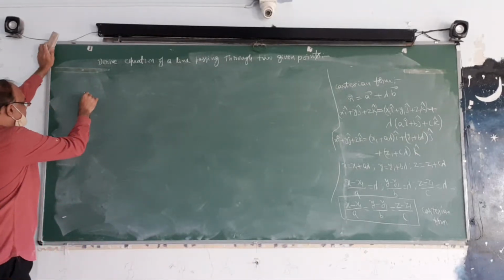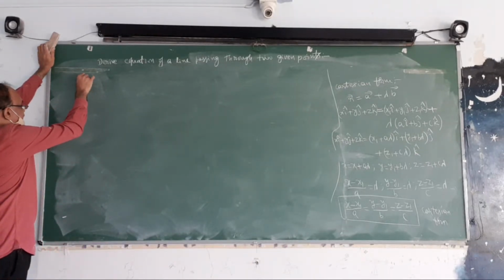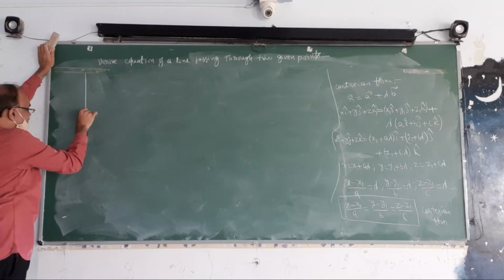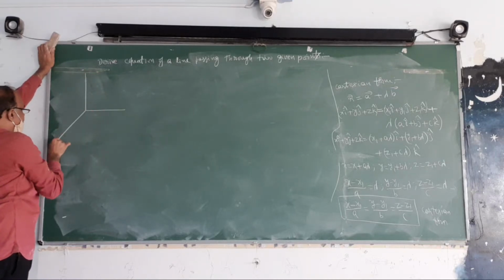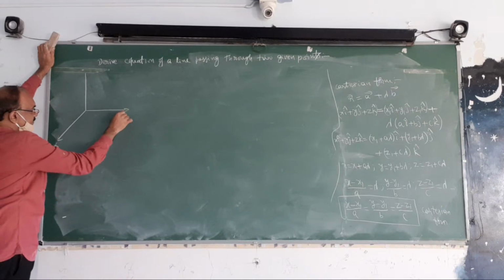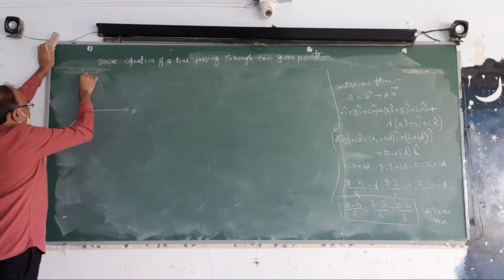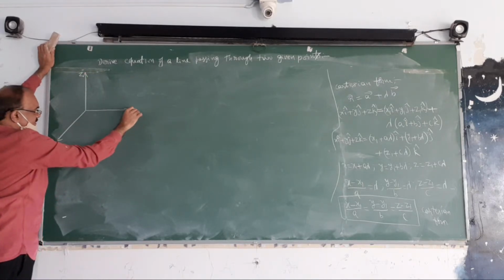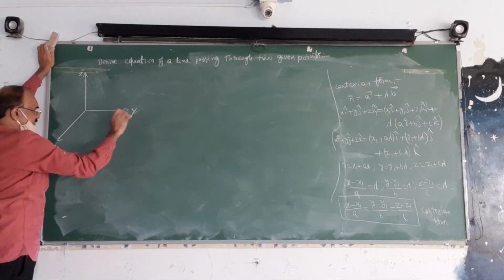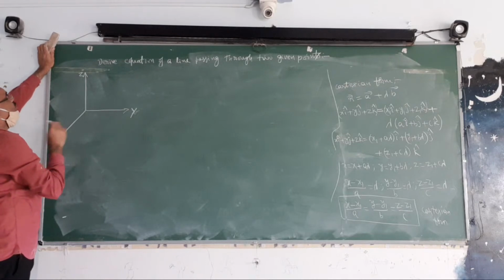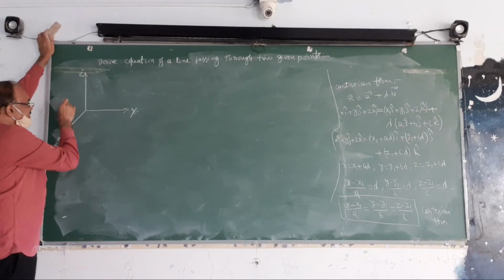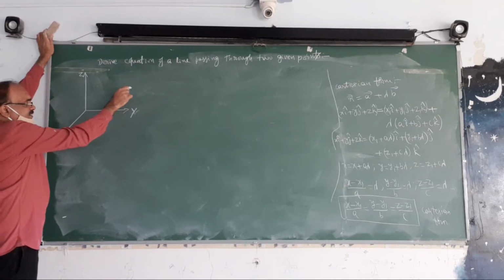So I probably start a little bit on this side. First the reference frame, x, y, z axes. Sorry, x, y. Now 2 points are given. Your book has taken 1 point this side and another point this side.